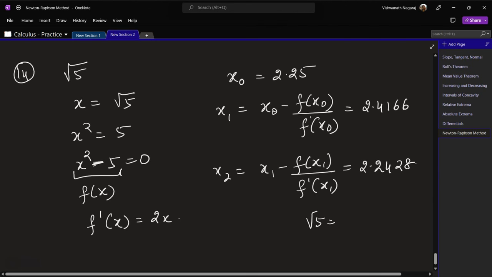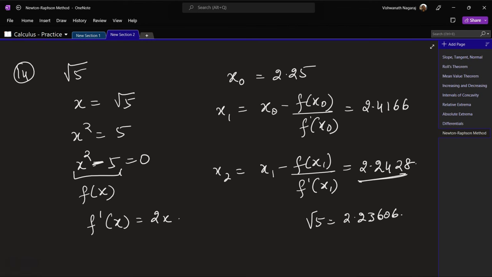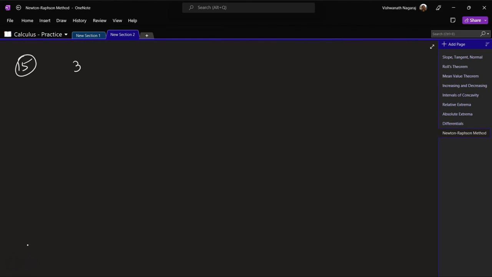The actual square root of 5 is equal to 2.23606. Right? So pretty close. If you want it much closer, take it to x3, x4.